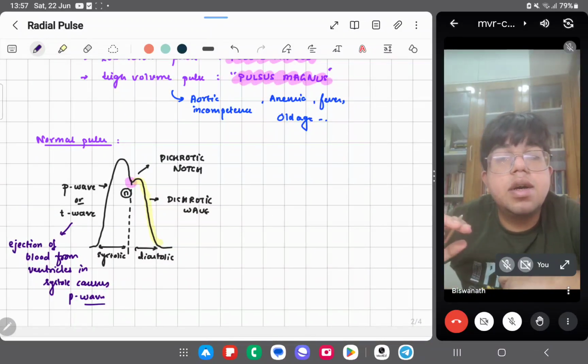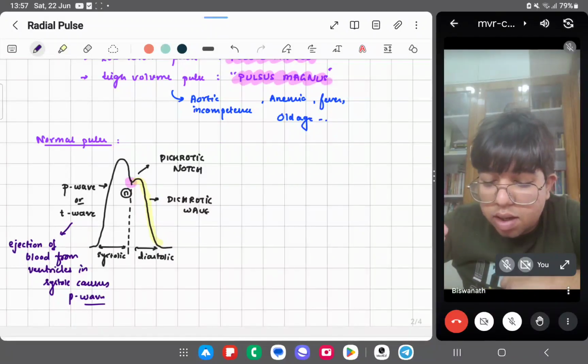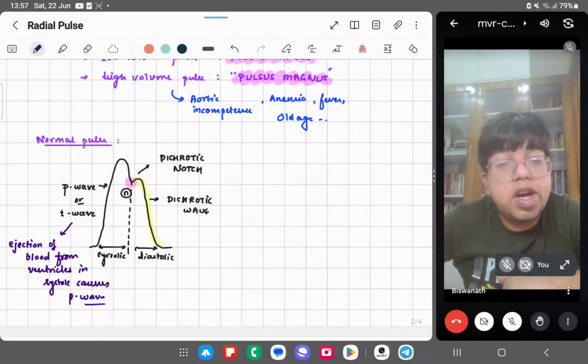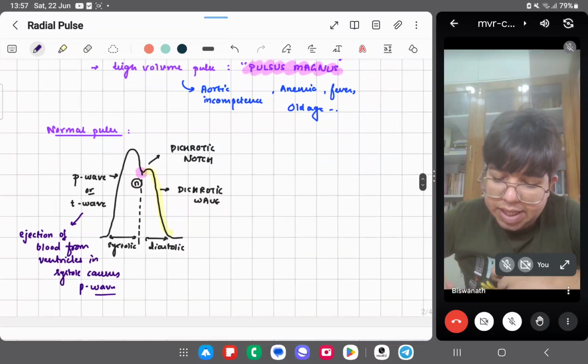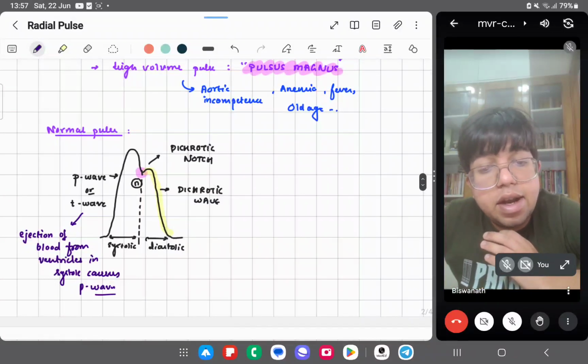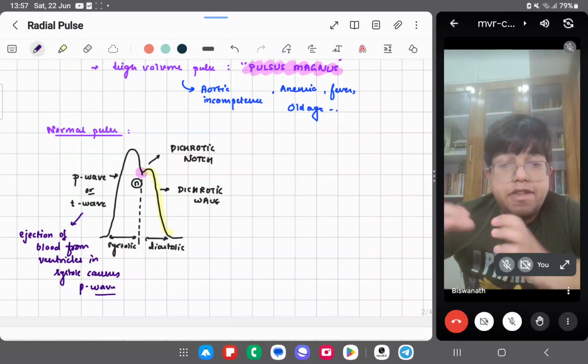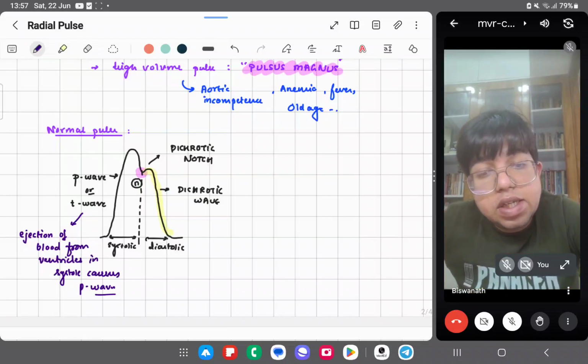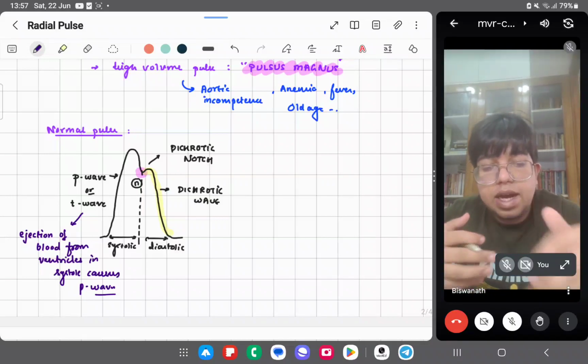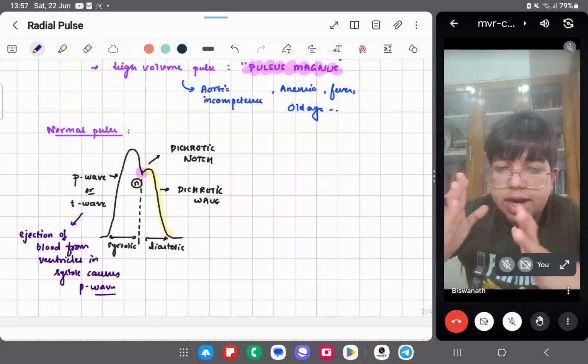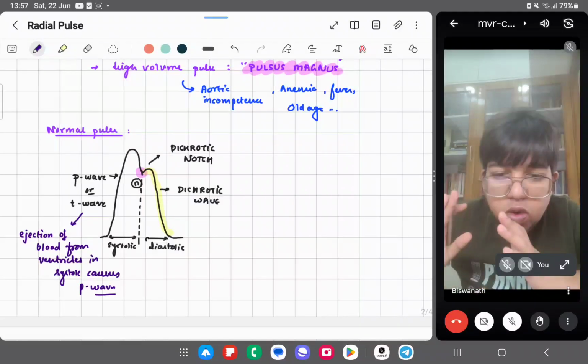Then, what is the cause of the dicrotic notch? When diastole starts, the aortic valve must be closed, right?